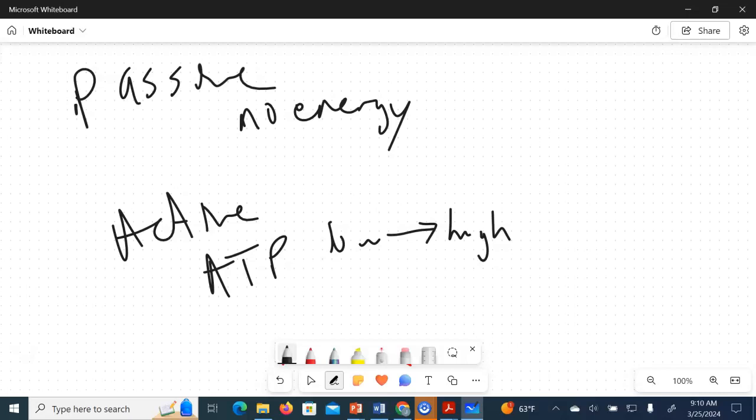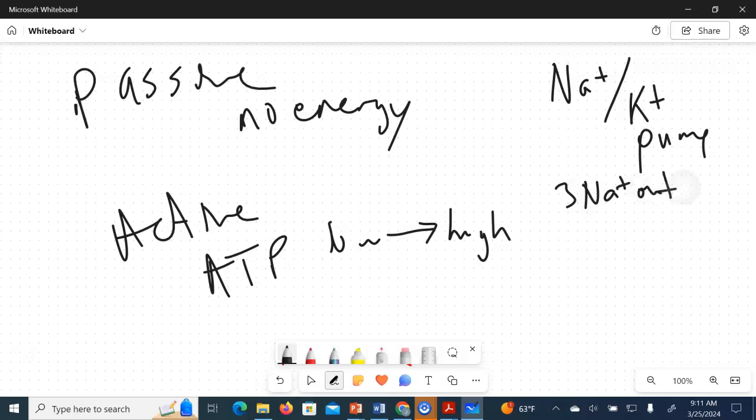Look at those different types of active transport. You should be able to tell me that endocytosis is active transport or exocytosis is active transport. Primary active transport, the most important primary active transport that you need is that sodium-potassium pump. And I do need you to know that this is pumping 3 sodium ions out and 2 potassium back in.